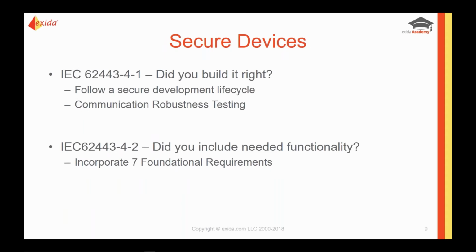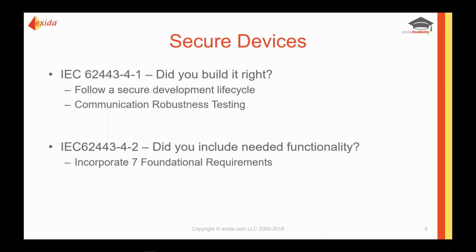So when securing devices, there are a couple of things that you want to make sure of. Within 4-1, you're basically answering the question, did you build it right? Did you follow secure development processes? Did you ensure that the device can withstand the communication robustness testing? And from a functional standpoint, following 4-2, is the appropriate security functionality present?